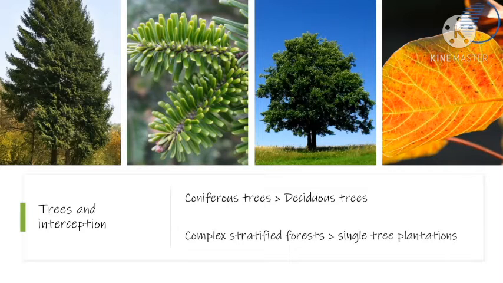By contrast, deciduous trees like this one, which lose their leaves in autumn, here you can see the leaves have gone red, they're going to fall off, will only intercept between 15 and 25% of annual precipitation. And so the type of the tree, the density of the canopy, and obviously the density of the trees in a plantation, in a forest, is going to affect how much water is intercepted by that tree.